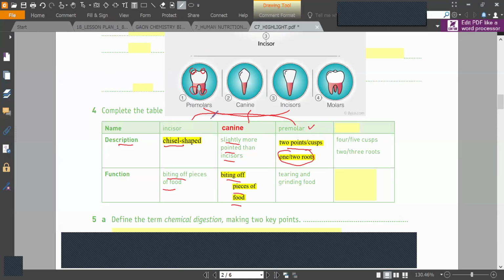Function, tearing and grinding food. Next, molar. Four or five cusps on the top, and two or three roots here. The function is similar, chewing and grinding of food.